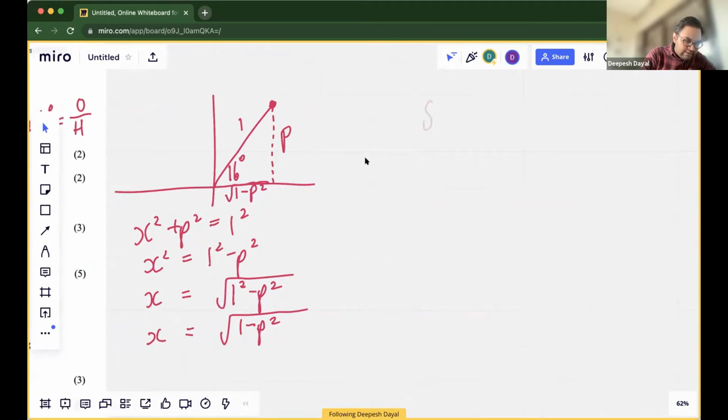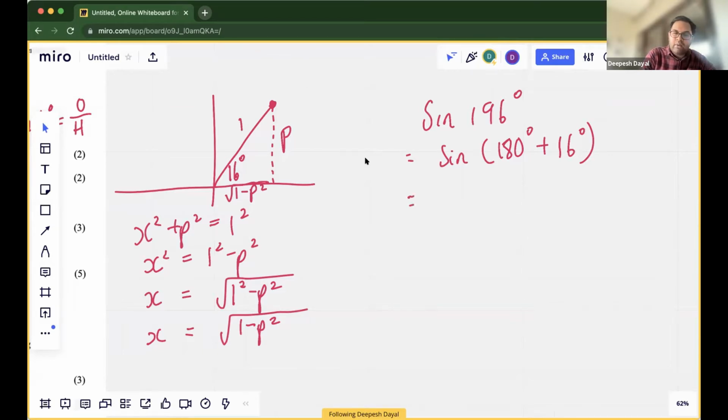Sine 196 degrees equals sine 180 degrees plus 16 degrees. So sine 196 degrees equals sine of 180 plus 16 degrees.